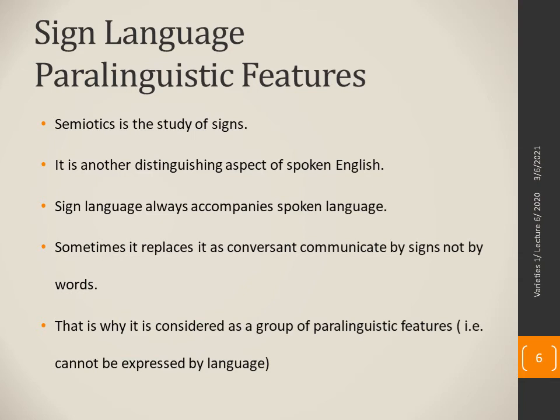I could look at you using certain facial expressions, and you would understand what I mean, whether I am happy, sad, agree or disagree. This is why it is considered a group of paralinguistic features, that is to say, things that cannot be expressed by language.